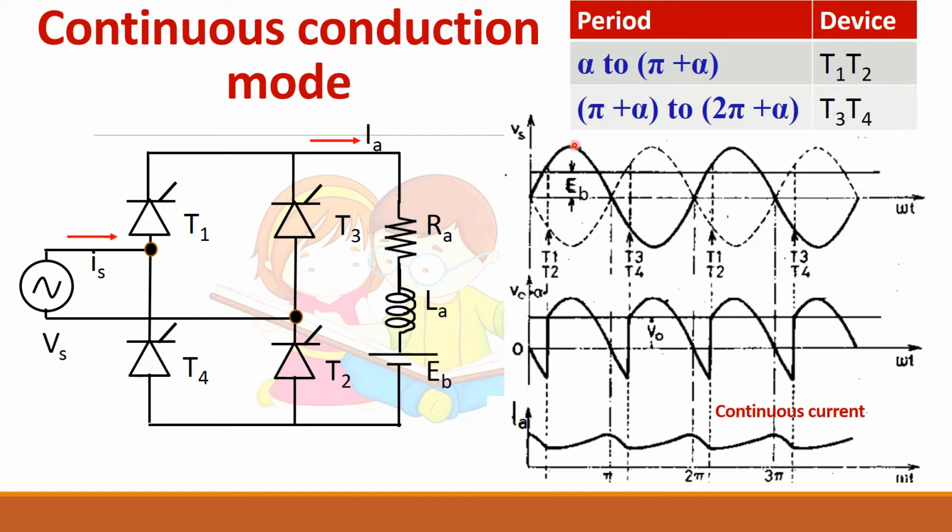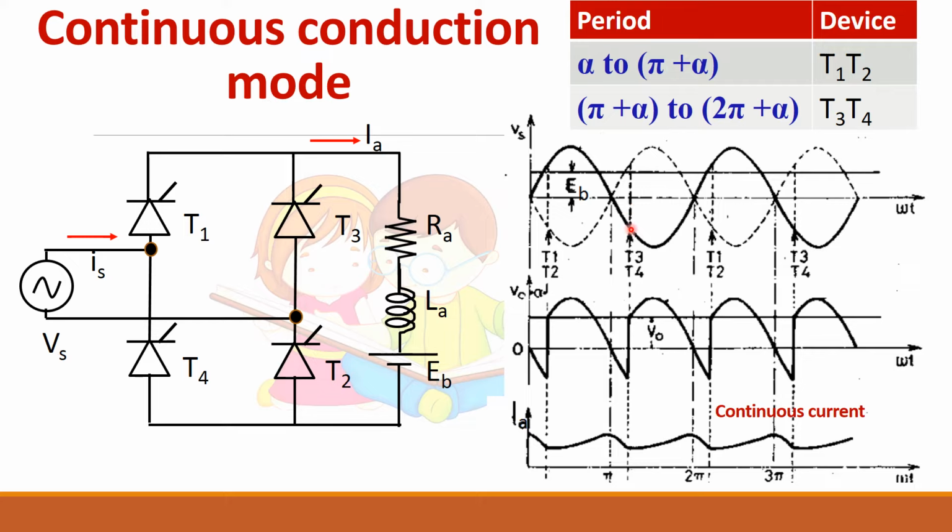This is the supply voltage which is changing its magnitude, and this straight line is the back EMF. When the supply voltage magnitude is greater than the back EMF, you have to apply the gate pulse. So T1 and T2 are given the gate pulse after this junction, and they will conduct from alpha to pi plus alpha.